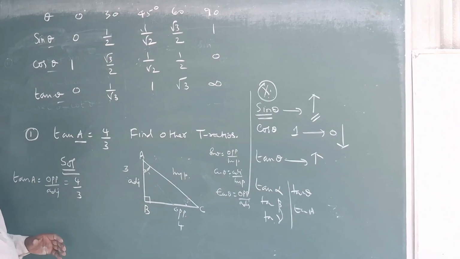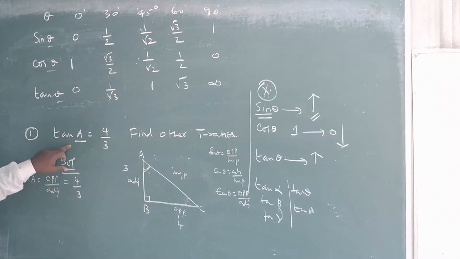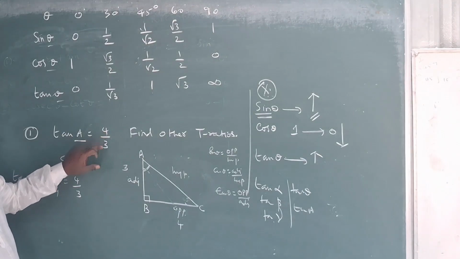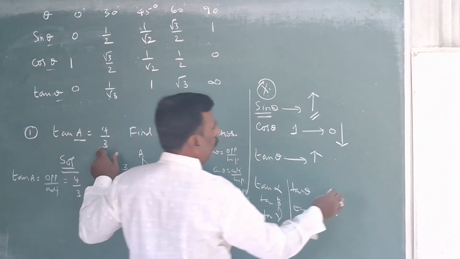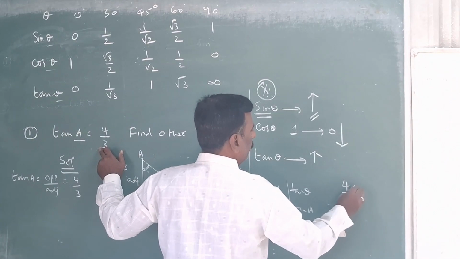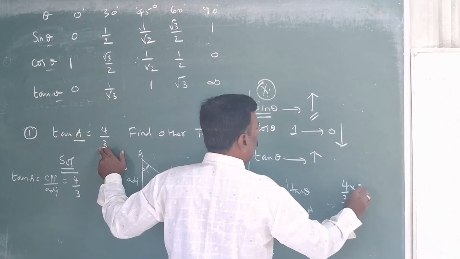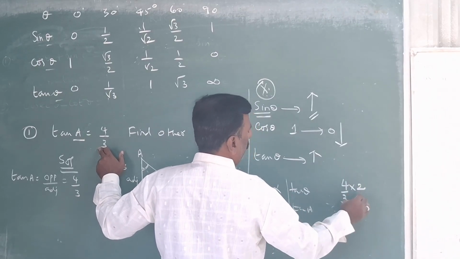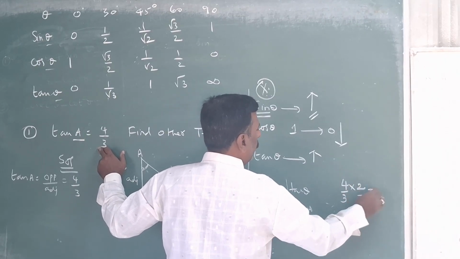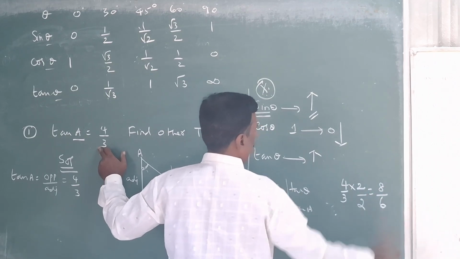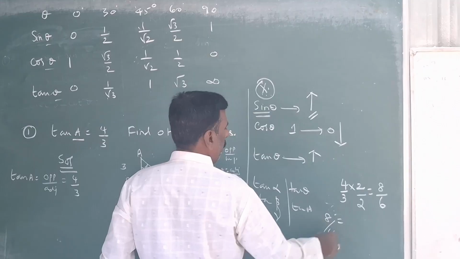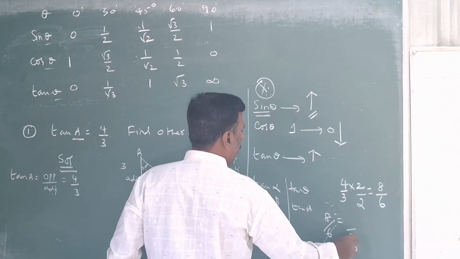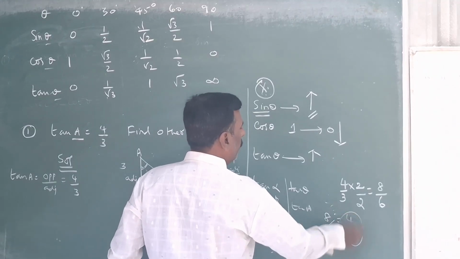Basically, whatever the values given in the problem, it should be in the simplest form. Simplest form means, suppose the fraction 4/3, I multiply numerator and denominator by 2, we get 8/6. If we cancel 8/6, 3 2s are 6, 4 2s are 8, it becomes 4/3.